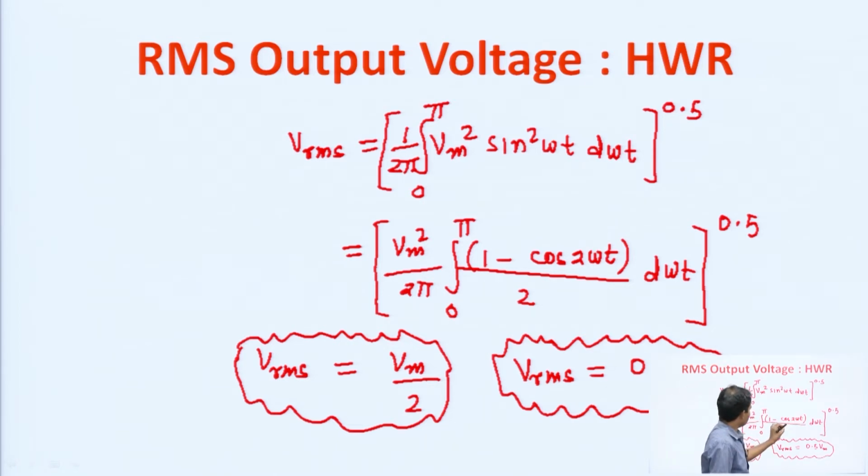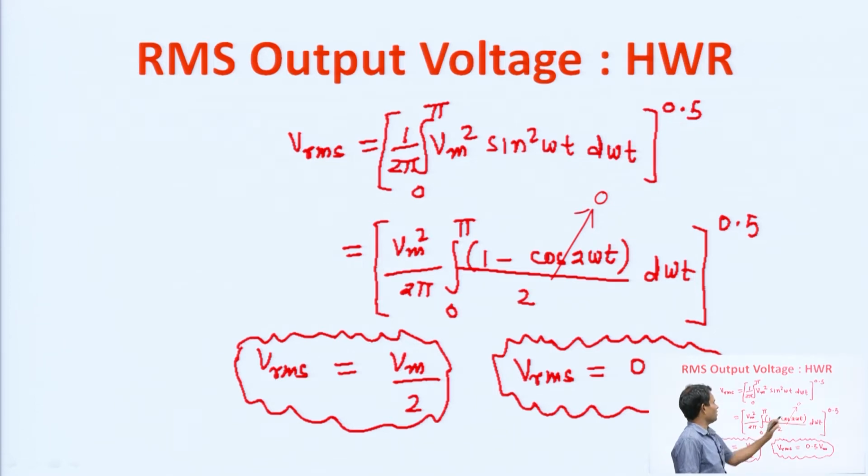Then the integration of the cos 2 omega t term will become 0. Why? Because the integration of cos 2 omega t is sin 2 omega t upon 2, and sin 0, sin pi and sin 2 pi are all 0.